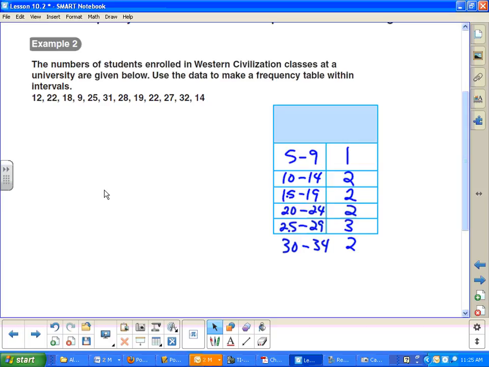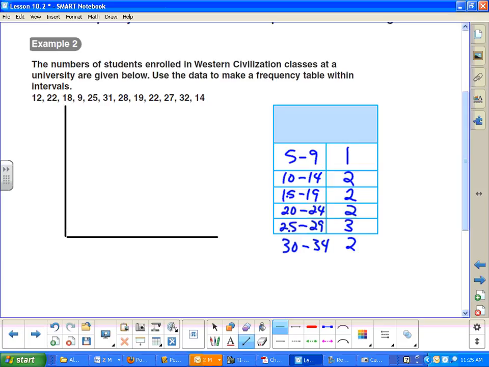Okay? So when we make a histogram, we have a horizontal bar and vertical. On the vertical, we have evenly spaced numbers, and on the vertical is where our frequency goes.